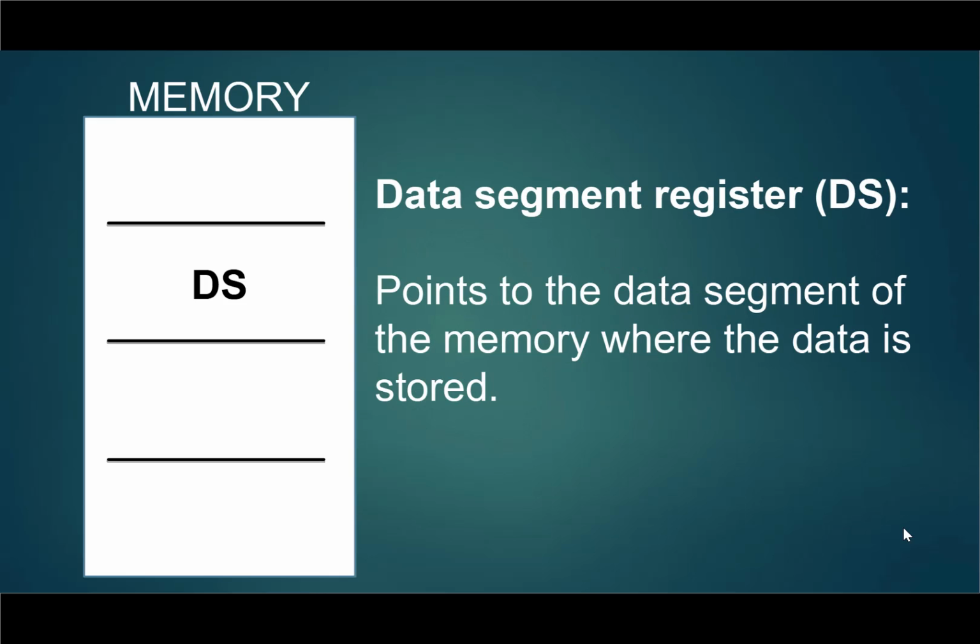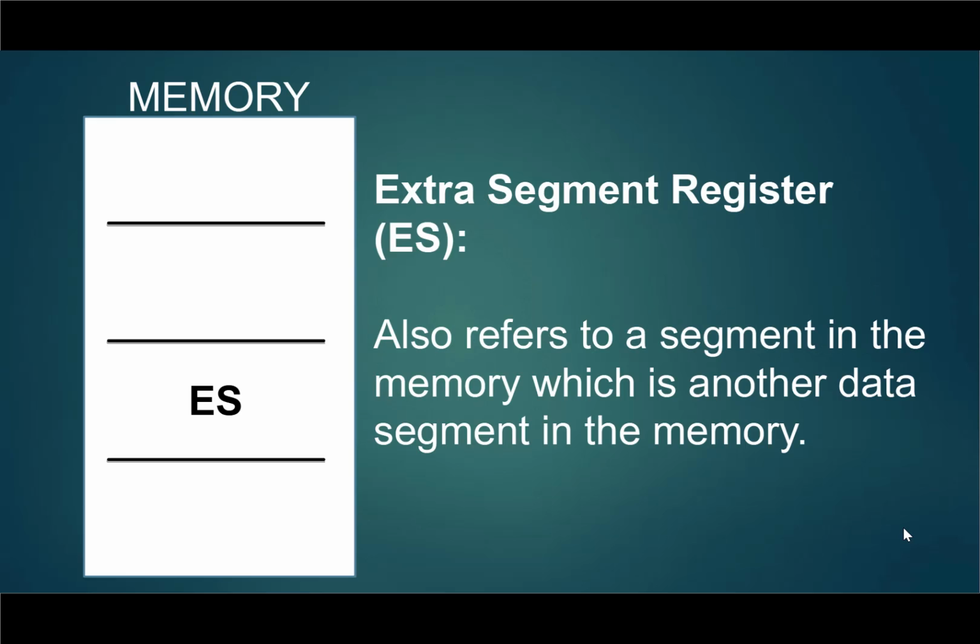The second segment is the data segment. When you are executing your program, you might need some extra data which is not part of the main program, and you can store it in the data segment. If you require some kind of reference value, you can keep it in the data segment.